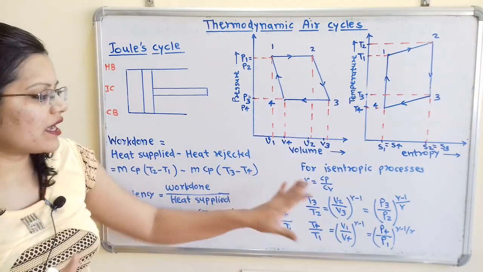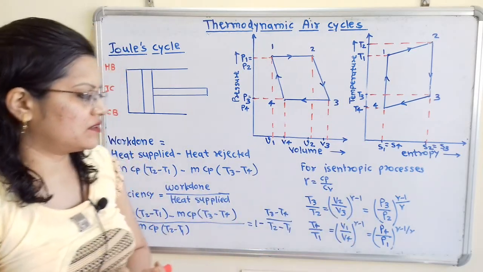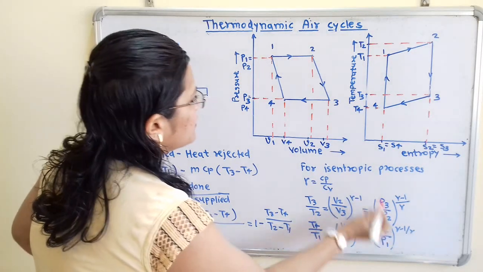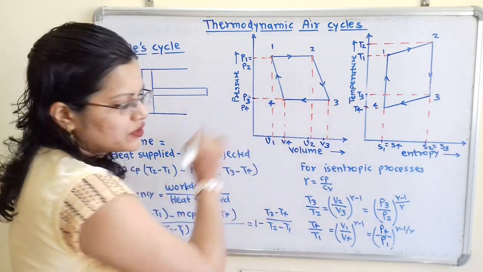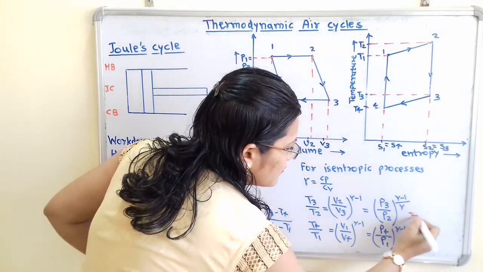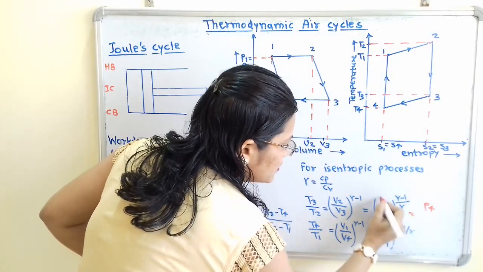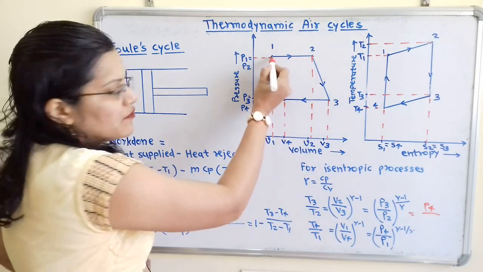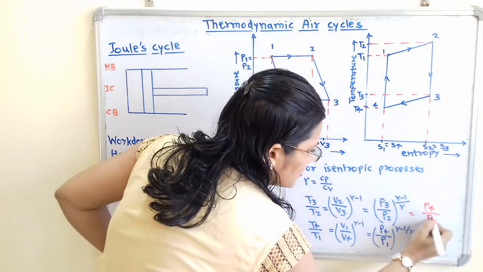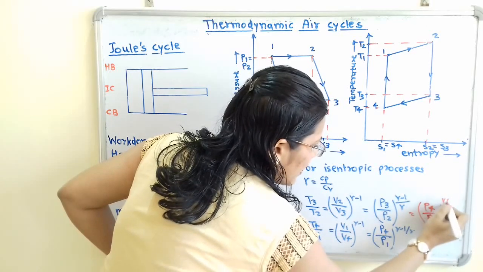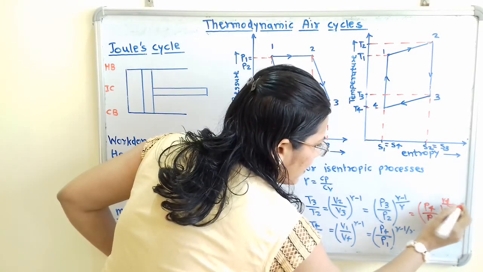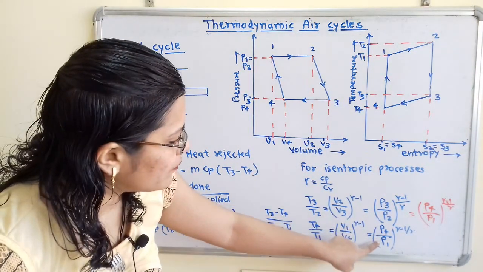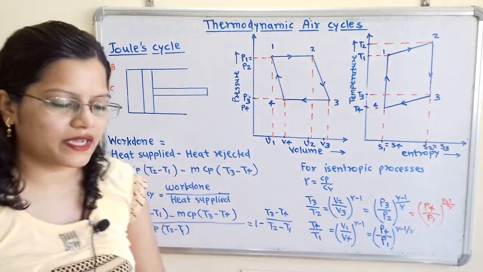Now we will again observe all these formulas. The pressure P3 is equal to pressure P4, so instead of P3 we can write P4, and pressure P2 is equal to pressure P1. So the ratio is P4 by P1 raised to (gamma minus 1) by gamma, the same as in the other relation.